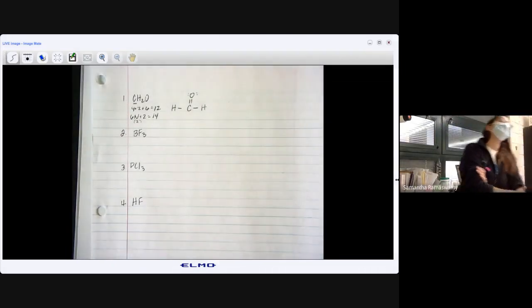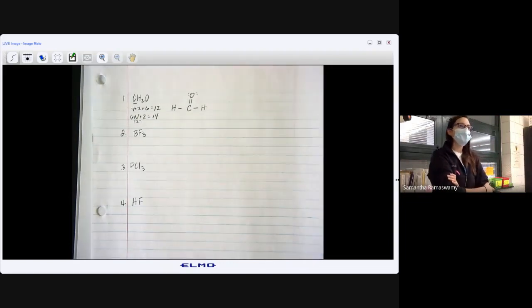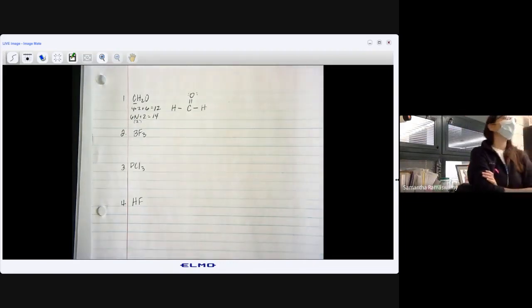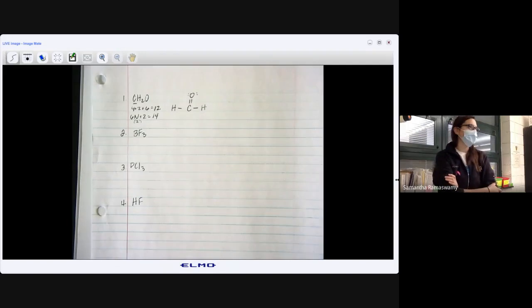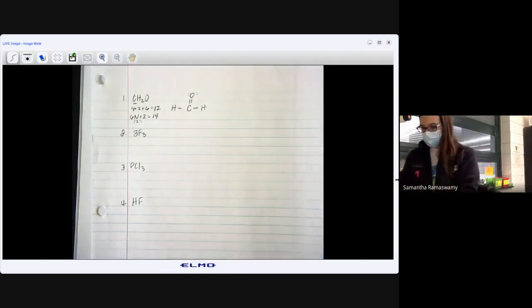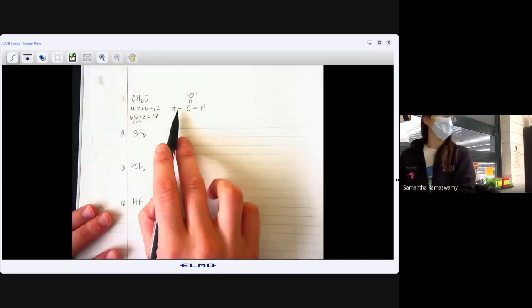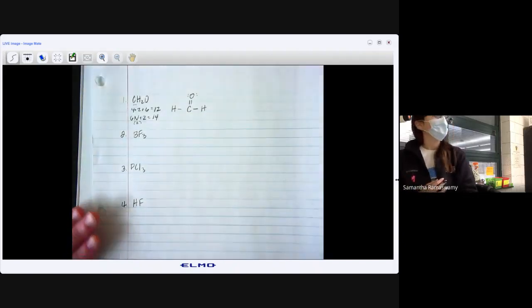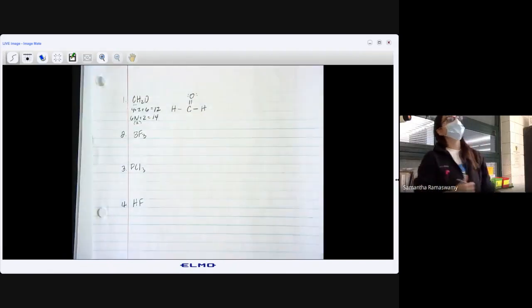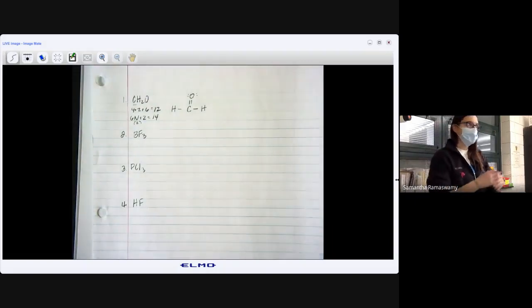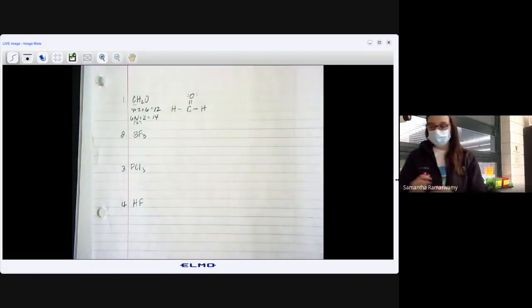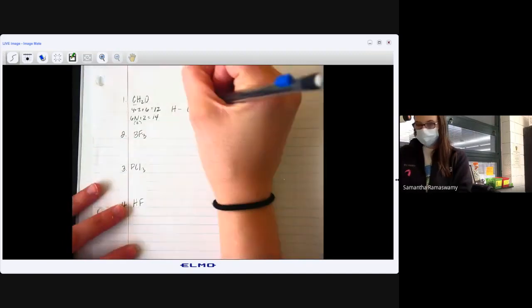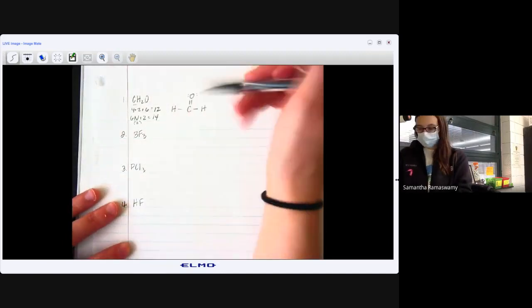So then what we have to do is look, does one side of this molecule carry more negative than another? So if we think about this, the CH bonds are always nonpolar, which is why if you have something like pentane that's all C's and H's, it can only be a nonpolar molecule. However, we have this CO double bond.